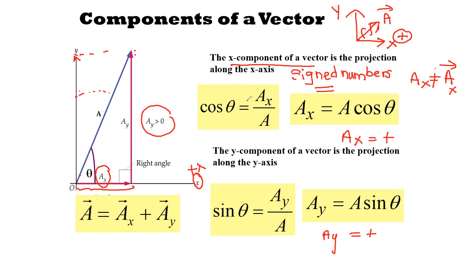It comes from the definition, and you cannot change it. Since I need AX, I cross multiply, so it becomes AX equals A cosine theta. Same here, AY equals A sine theta. Don't try to memorize this, because things could be different if I change my theta.